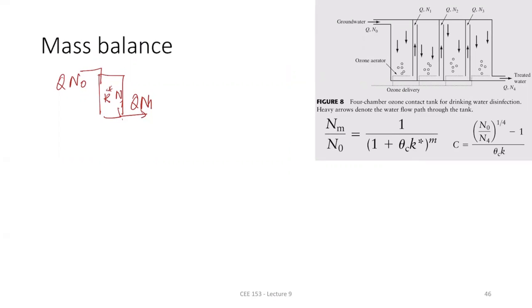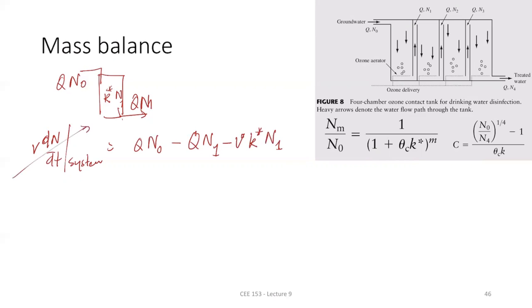It's steady state, so dN by dt of the system is 0. Mass balance: everything coming in, Q N0, minus everything going out, Q N1, minus everything reacted, volume times K star times N1, equals 0 at steady state.